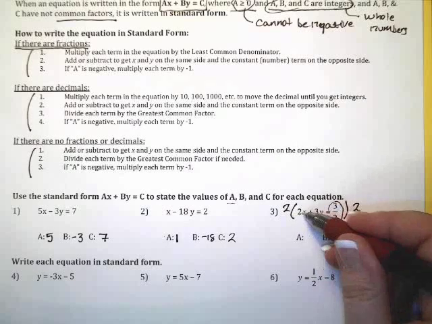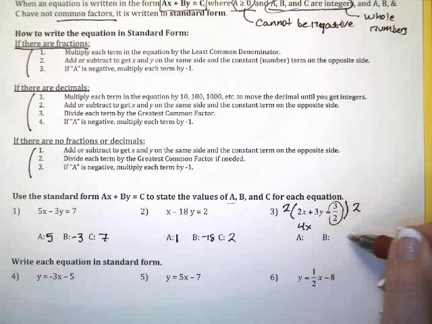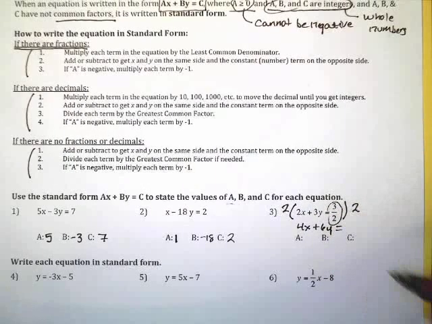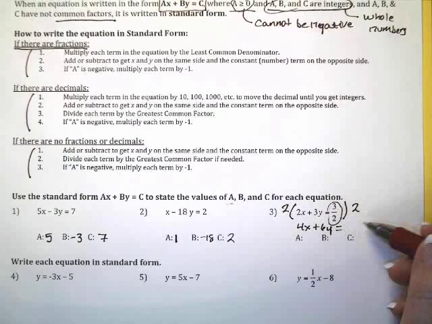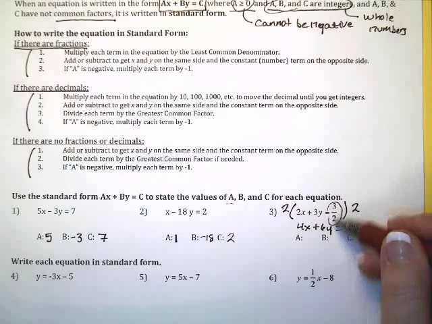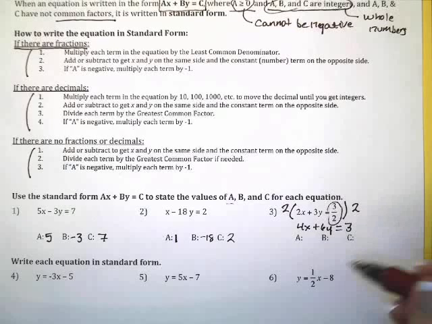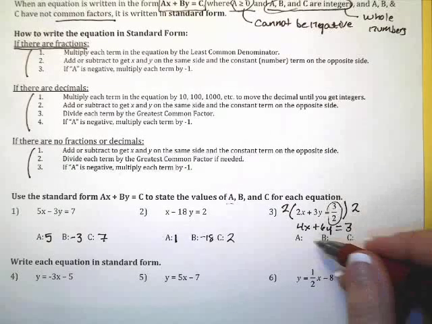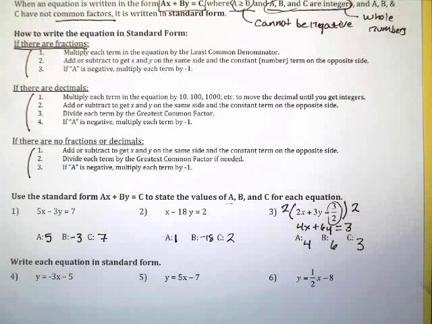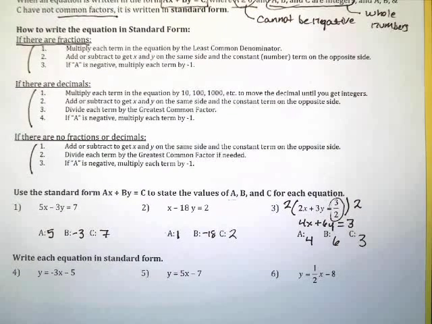So we have 2 times 2x would be 4x, plus 2 times 3y would be plus 6y is equal to 3/2 times 2 would be 3. So we've rewritten this equation so that it doesn't have any fractions. Now we can go ahead and list a, b, and c. So a is the number in front of x, b is the number in front of y, and c would be this constant term of 3.